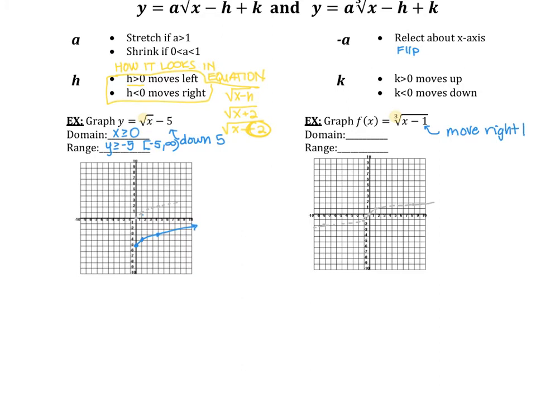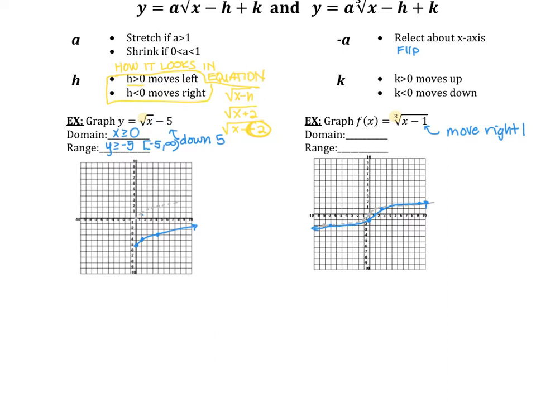So I'm going to take each of my points and shift them to the right 1, keeping their y values the same and changing all of their x values. So there's the sketch of my cube root of x minus 1.